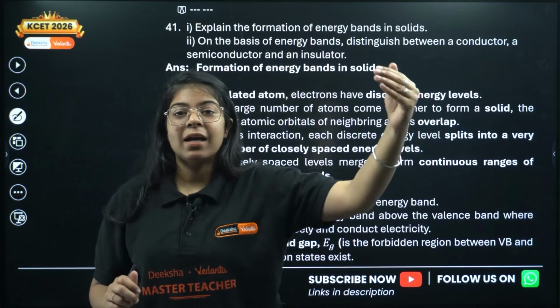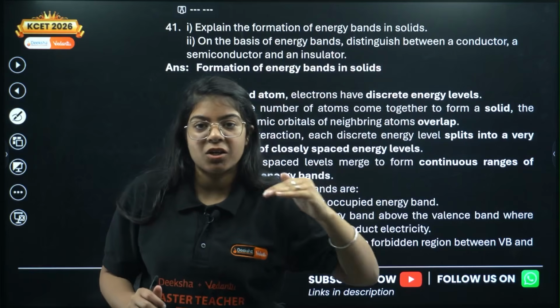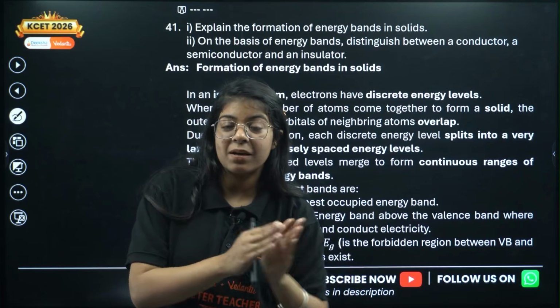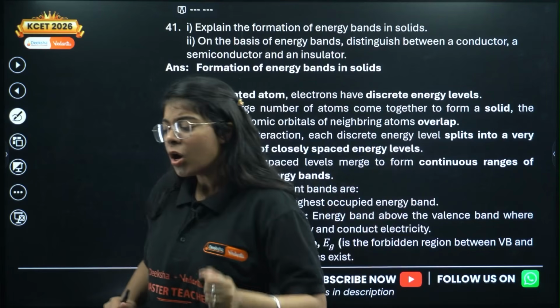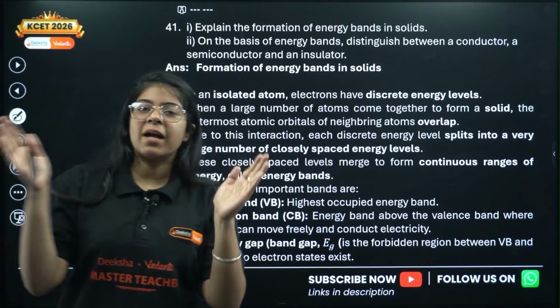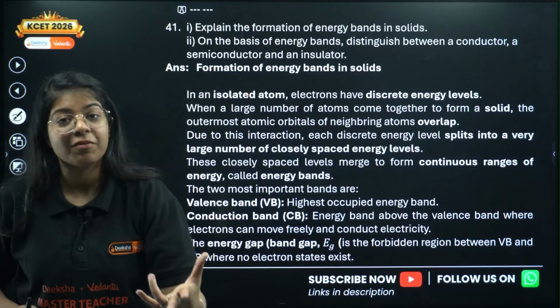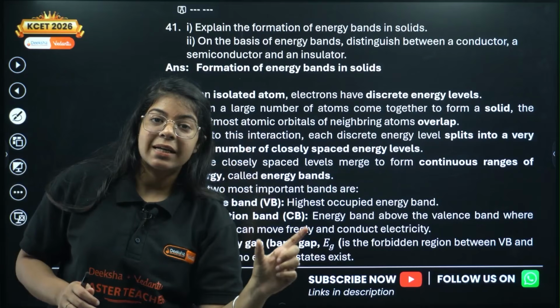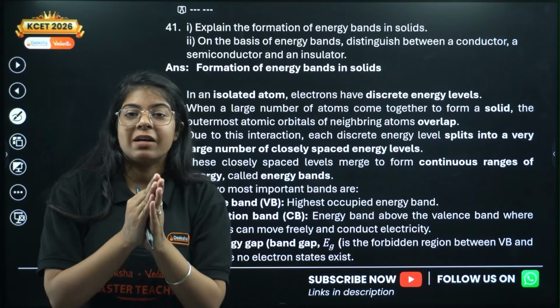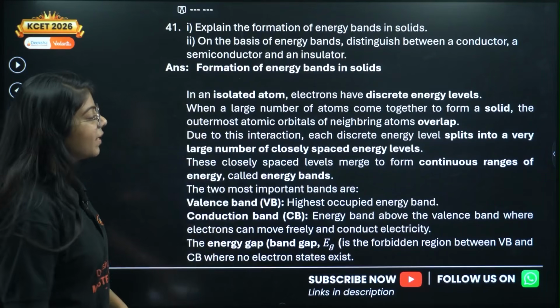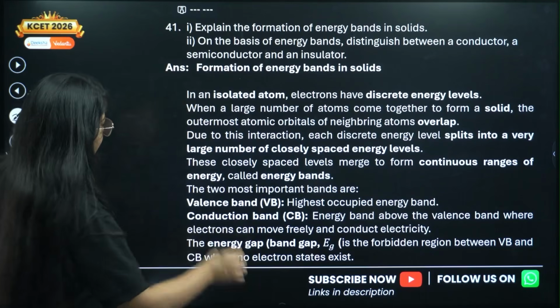Since they had discrete energy levels when they were isolated, but now lots of valence bands are overlapping, all of the energy levels get combined and we get an energy band. Let's just read it.